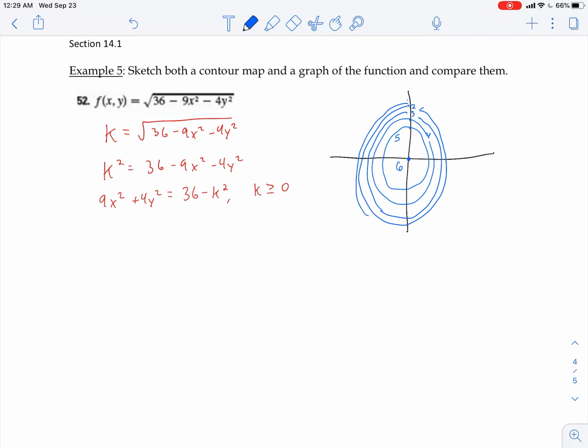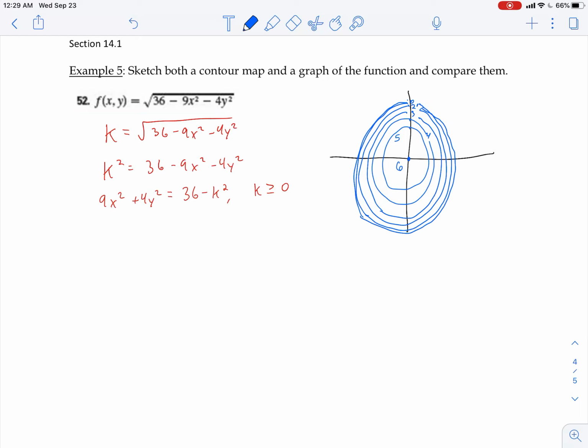And then they're going to get a little bit closer together because the distance is not going to be as great. So 1 and then 0. It's basically going to be right there at 1. So there's the contour map of our function.